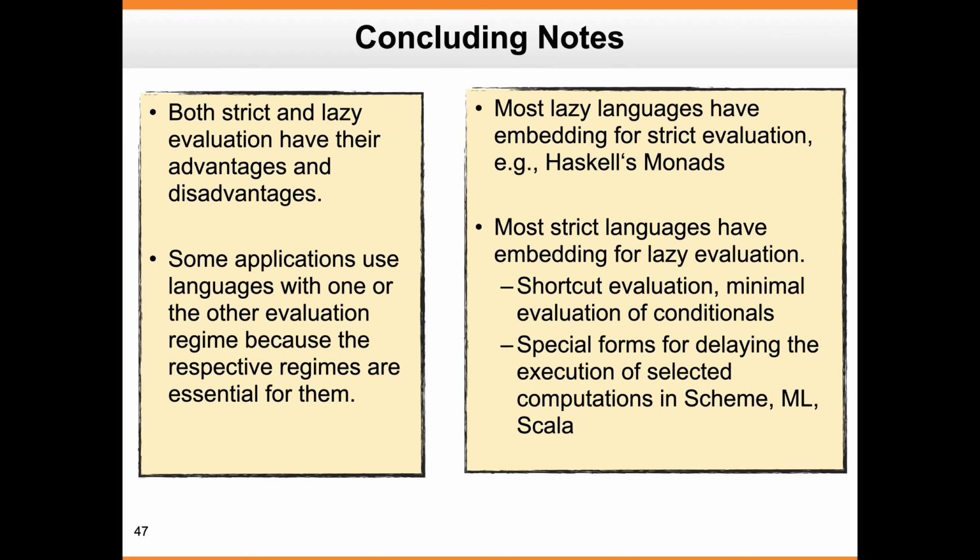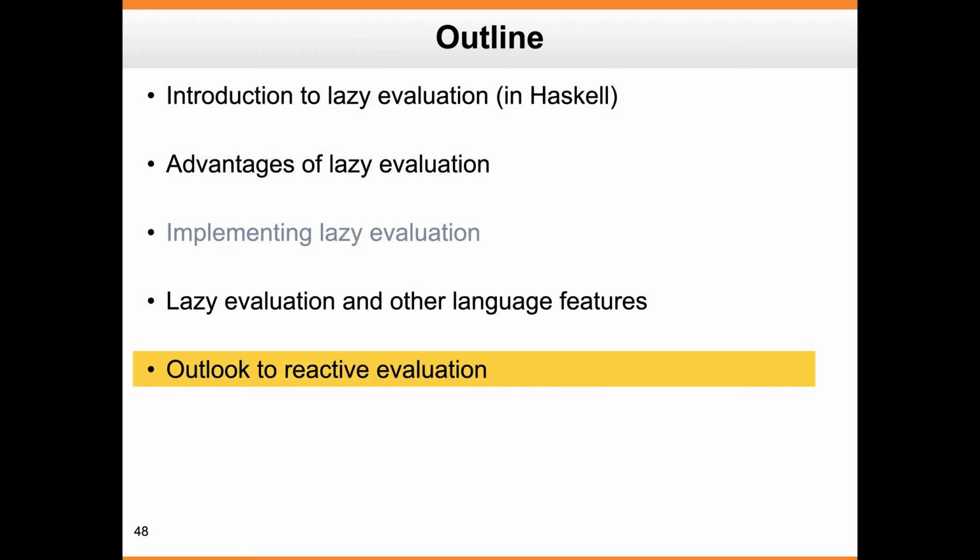In Scala, for example, you can mark an expression with the keyword lazy, and this ensures that Scala will execute this expression in a lazy way. Okay. This is basically what I wanted to tell you about lazy evaluation.